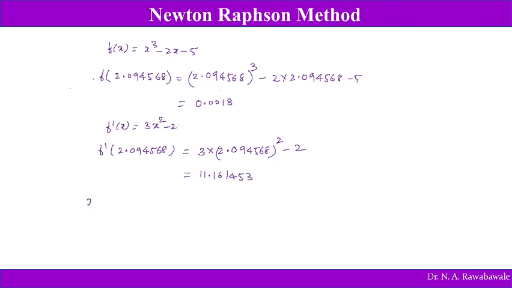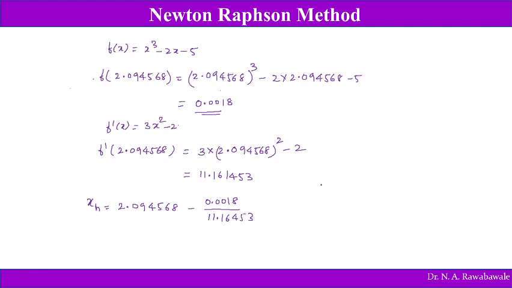So a revised approximation xn is nothing but the old approximation, which was 2.094568, minus f of x, which is 0.0018, divided by 11.16453.